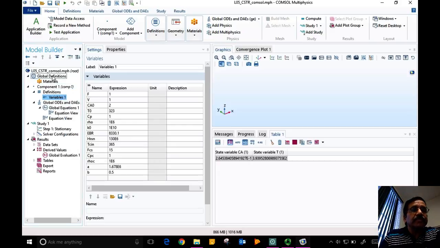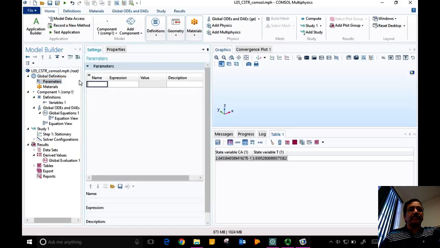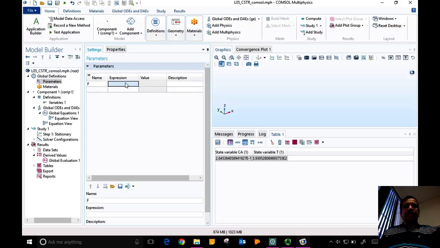There is a place where you put parameters. You go to global definitions and identify a parameter, and you give it a name. In this case, I'm going to put F, because this is now a distinguished parameter, meaning there is one parameter I want to change continuously and solve the problem repeatedly. In MATLAB, we write our loop ourselves, but here you don't have to do that. You need to identify which parameter you're going to change and what its value is.